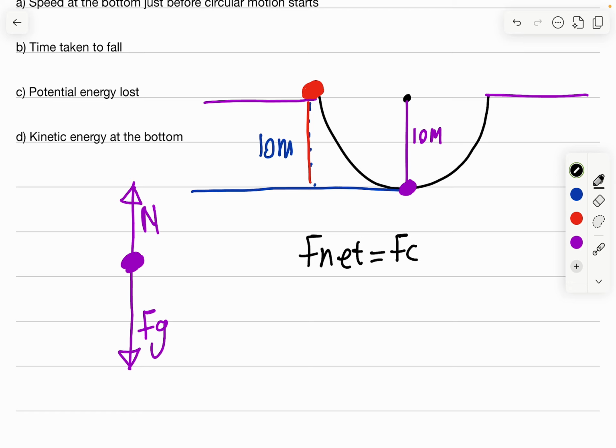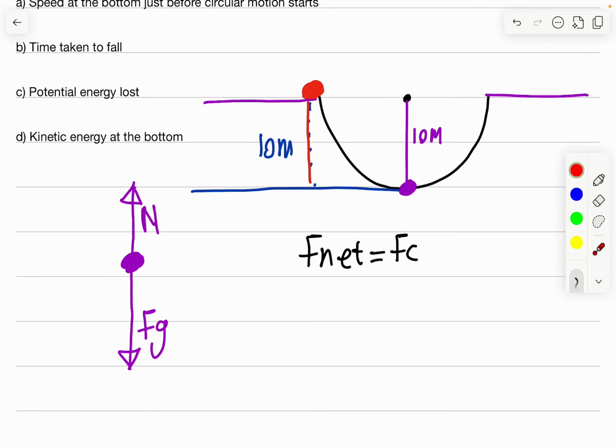Every force that is going to the origin of the circle, you choose it to be positive. It must be positive. At this point, the force acting to the origin is the normal force.